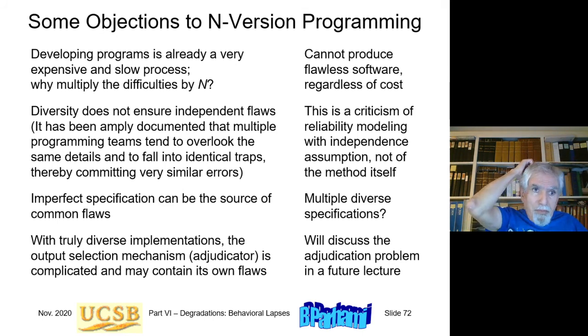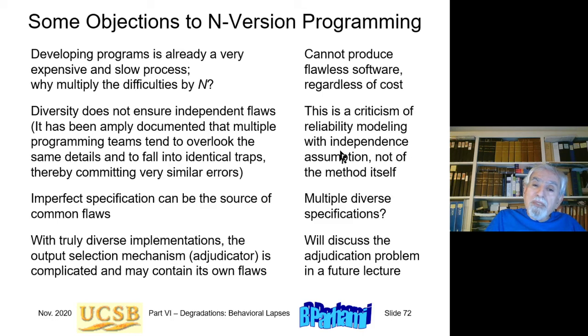Basically, it's possible that the multiple teams commit the same error based, for example, on the way they were educated or the way they were trained to do programming. It's very possible that even though they're diverse, they commit identical errors, and therefore identical erroneous results will be produced by the software.